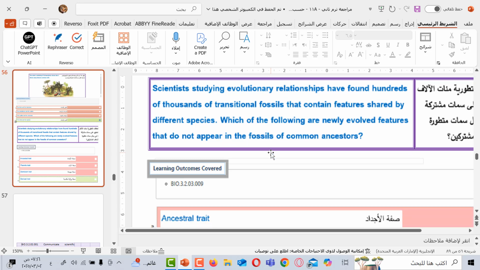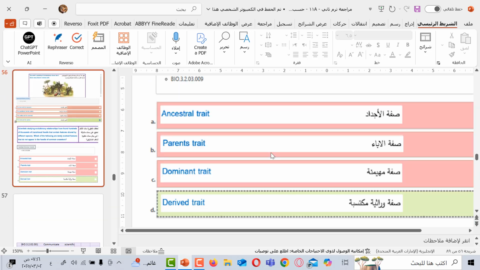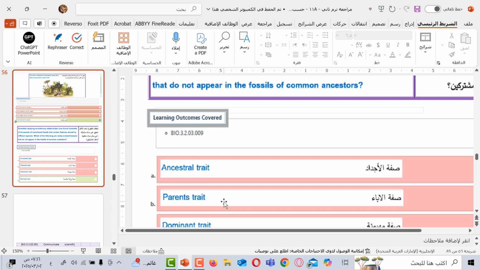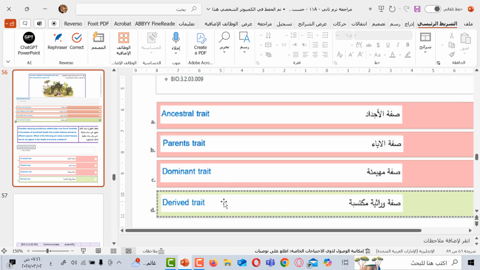So it's called derived traits. These traits which are in the transitional fossil and the original organism are called derived traits.